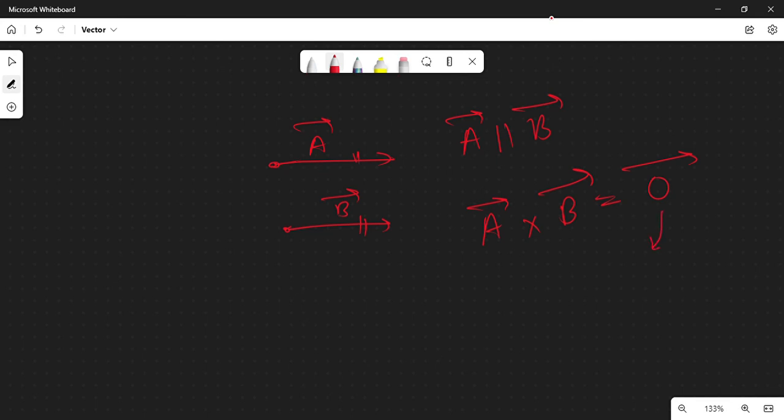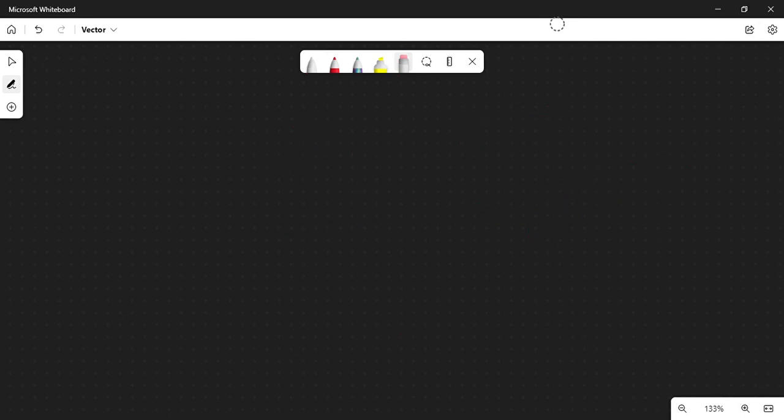A null vector is a vector whose magnitude is 0 and whose direction is also 0. We can also say that it's a point vector because it has no direction. The end point and the initial point are at the same place, so they are called null vectors.